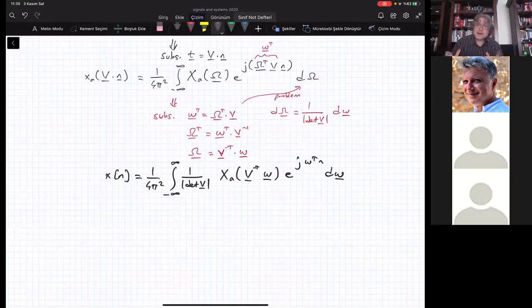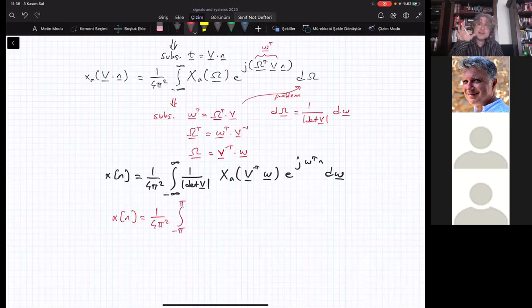x of n, but it's not really the inverse Fourier transform, because in the original inverse discrete time Fourier transform expression, it should be like this. I'm writing in red. X of n should actually be 1 over 4 pi square integral from minus pi to pi, or within a duration of 2 pi.